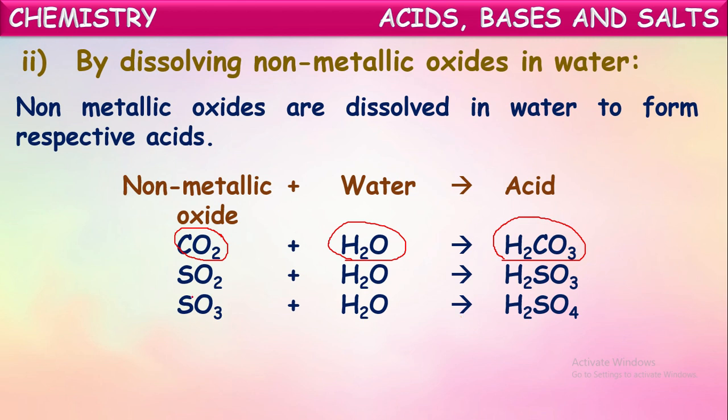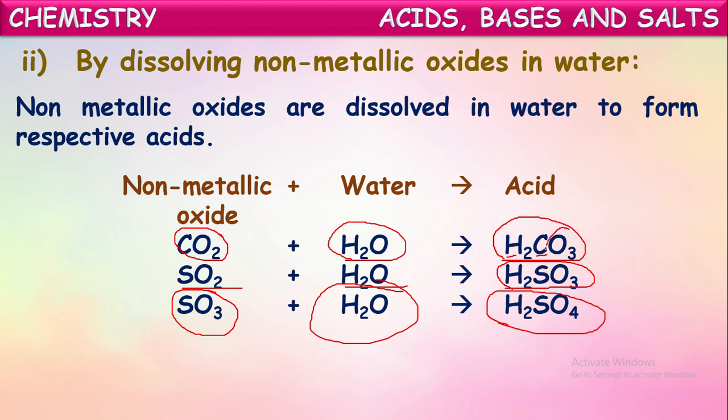See another one here, sulfur dioxide. When it dissolves into water, it forms sulfurous acid, H2SO3. In the same way, sulfuric acid is formed from sulfur trioxide gas. This, on dissolving into water, forms sulfuric acid. If you observe all these acids formed by non-metallic oxides when dissolved into water, they contain hydrogen and one non-metal.